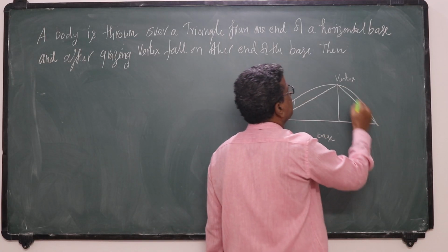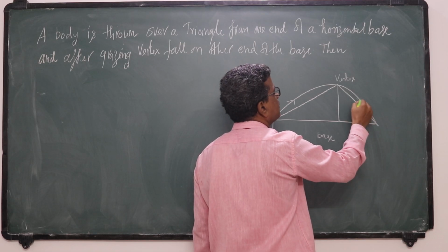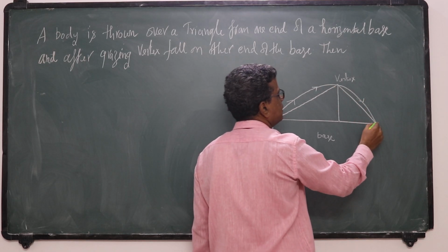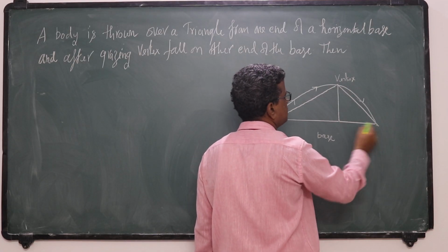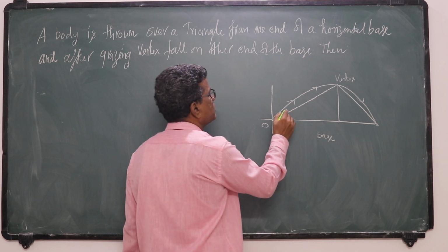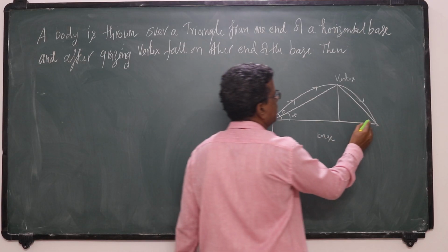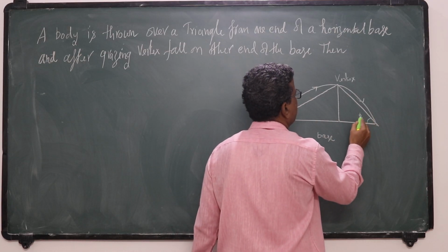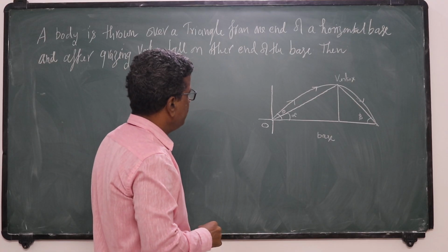At the other end, it touches the other end of the horizontal base. Now if this angle is alpha and this angle is beta, alpha and beta are the angles of the triangle as shown in the figure.